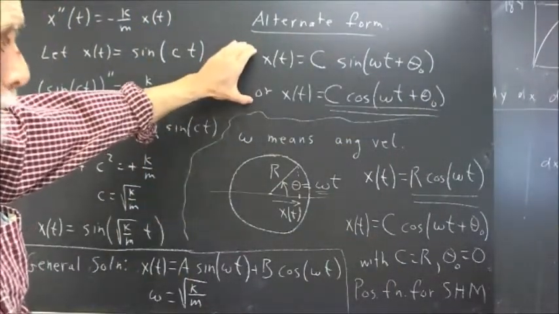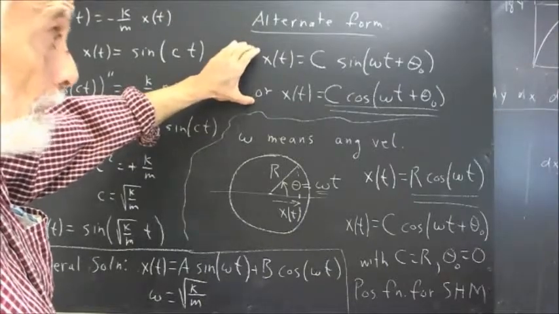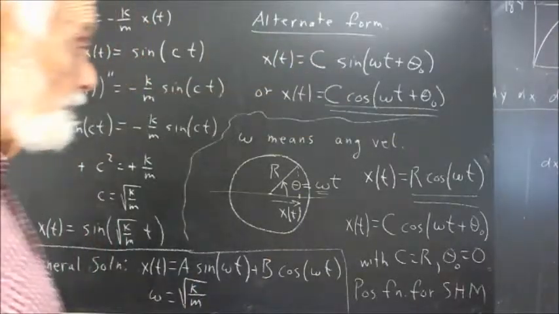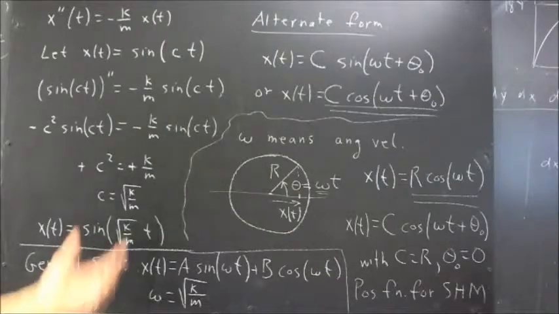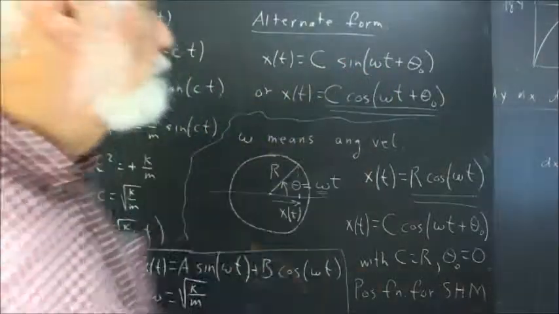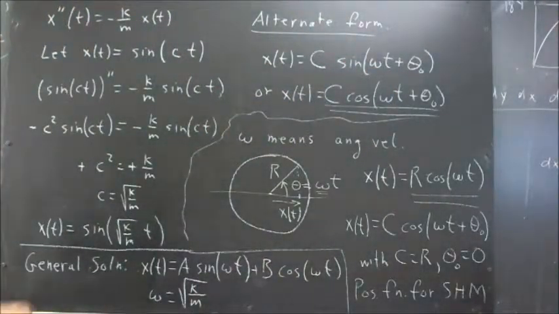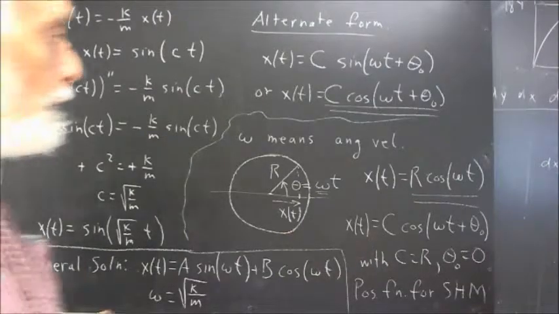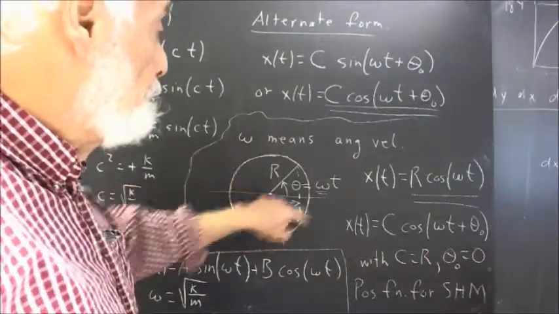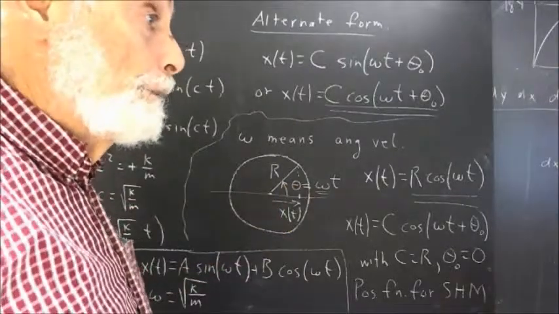Not important for the rest of the class today to know that, but when I do the class extension, it might well become important. Okay, so what's our interpretation of omega? Well, we very recently talked about the motion of a reference point around a circle with angular velocity omega.